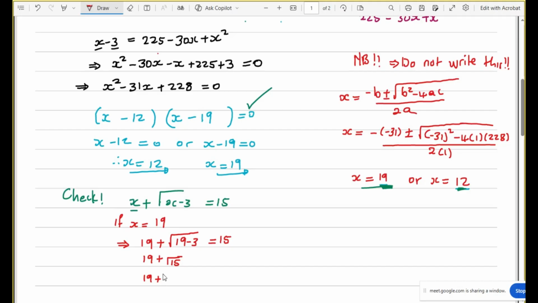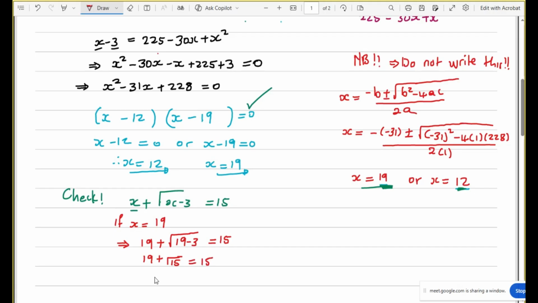Guys, what is the root 15? Is root 15 a perfect square? It's not a perfect square. So what is 19 plus root 15? What do you get? You get 23.